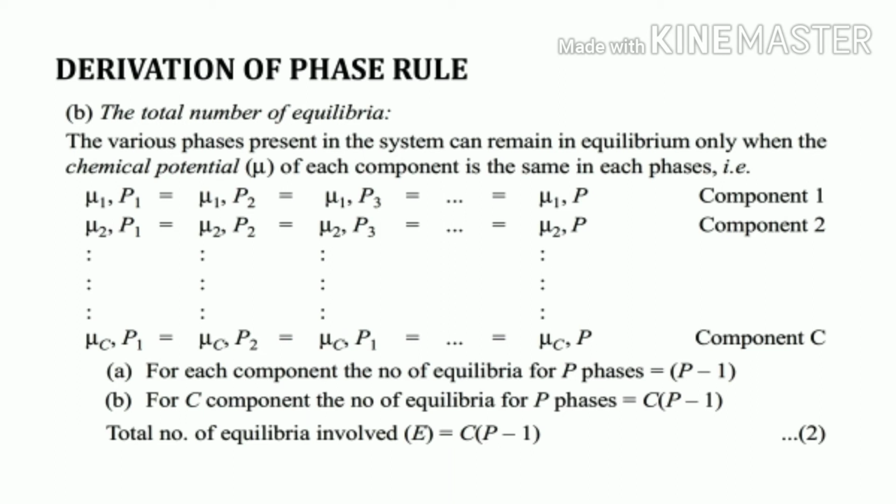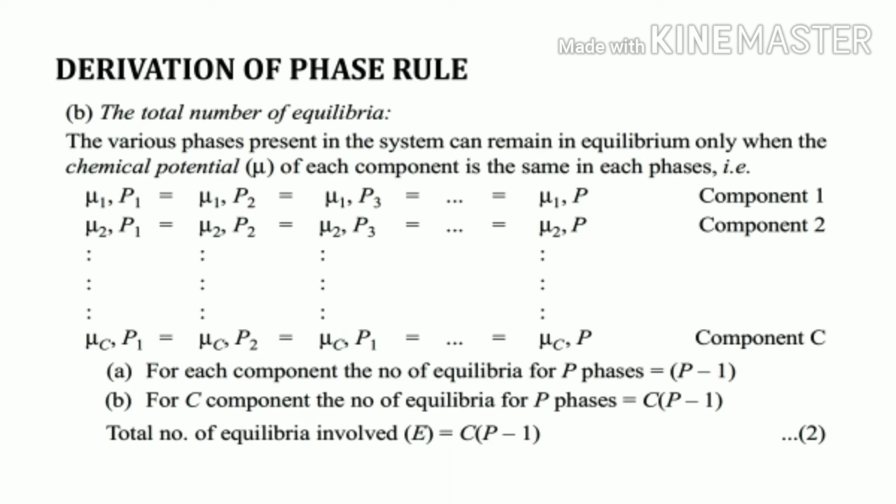Similarly, mu2 p1 is equal to mu2 p2 is equal to mu2 p3 up to mu2 p, which are also equal for component 2. If we go on like this, we get mu c p1 equal to mu c p2 equal to mu c p3 up to mu c p for component C.